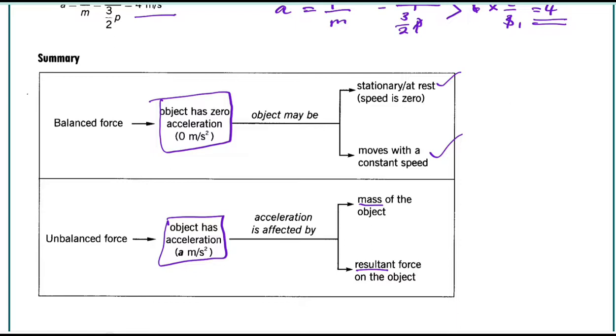Remember Newton's first law of motion talks about inertia. And the second law of motion is talking about force equals mass times acceleration. So we'll go to the next topic where we'll continue on that.